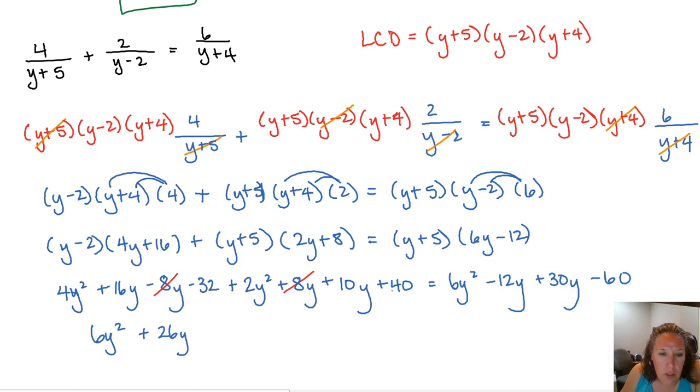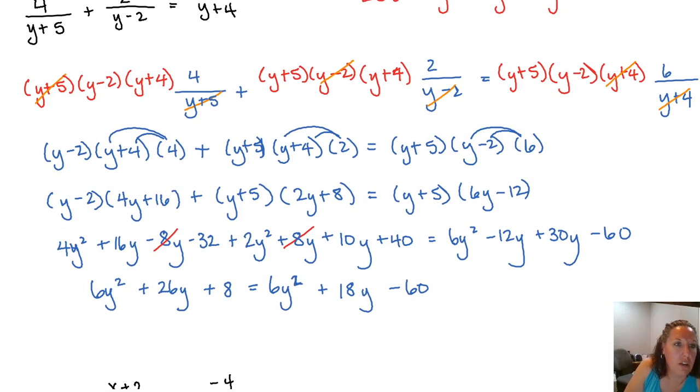Negative 32 plus 40 is going to be plus 8. And then on the right-hand side, we get 6y squared. Negative 12y plus 30y is going to be a positive 18y minus 60.